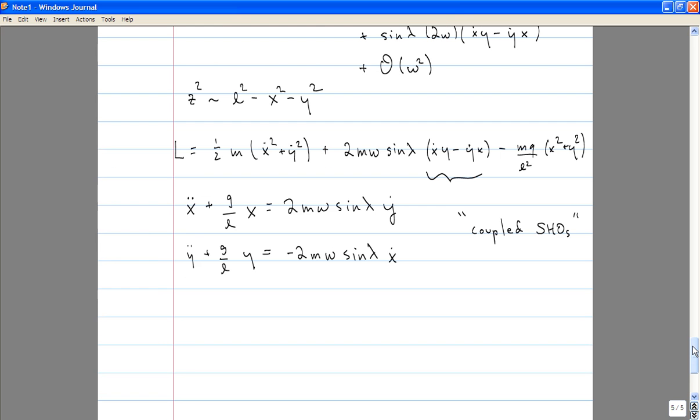So let's let zeta, I don't really know the name for this letter, so let's call it zeta. Let's let zeta be x plus iy.